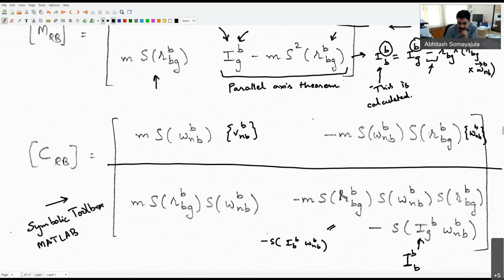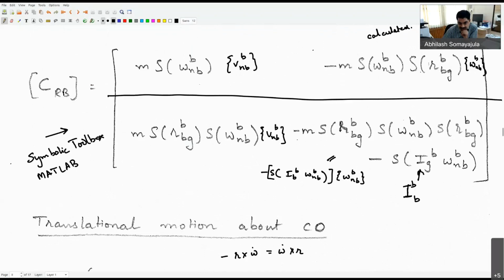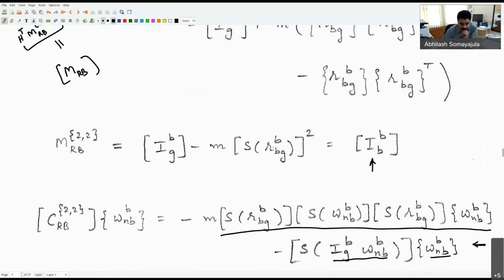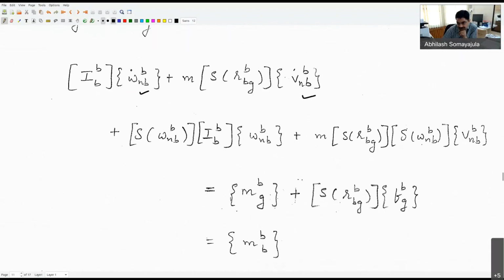So that will be multiplied by omega nB, and this term here will be multiplied by V nB. Correct? That is what we should have. Okay, so R omega V. We have R omega V, and then we have S times IBB times this.